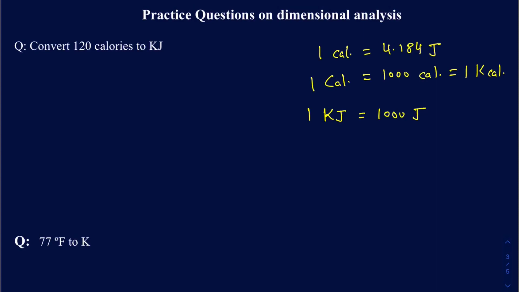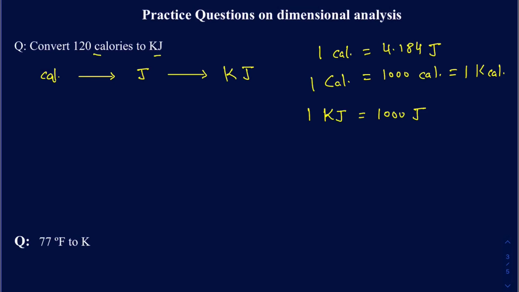So if you know some of these conversion factors, you should be able to do this problem. So our job here is to figure out how we're going to convert this calorie with the lowercase c into the kilojoules. So what we can plan out, we can go ahead and convert this calorie to the joules first, and then convert the joules to the kilojoules.